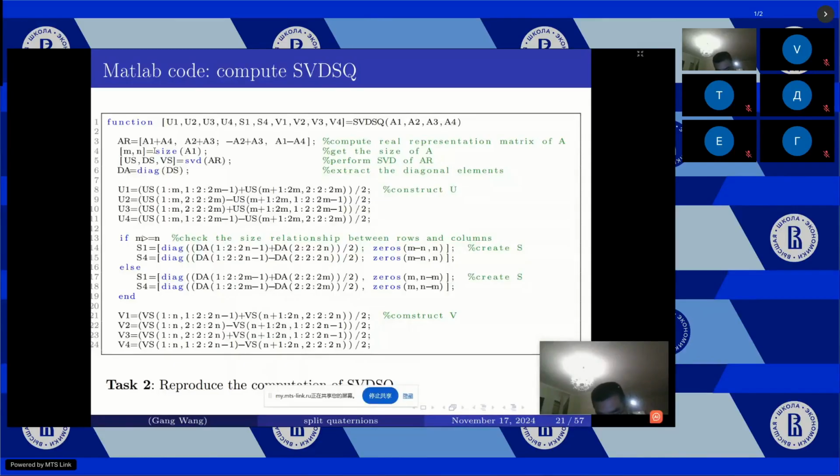Next, based on the formulas, we can construct the U, S, and V matrices for the SVD of the split-quaternion matrix.